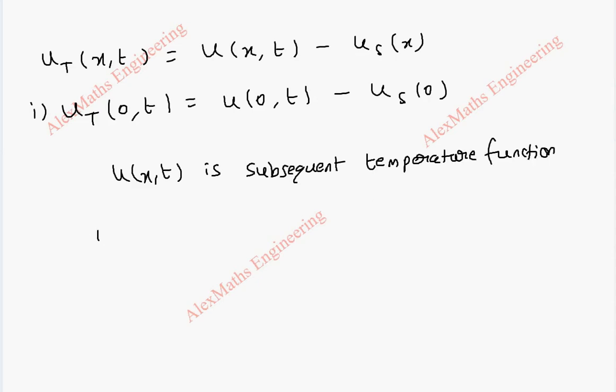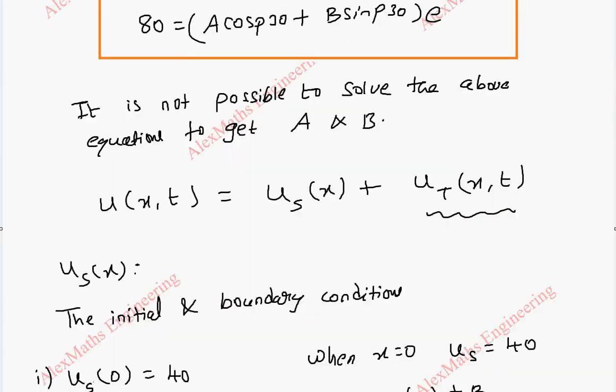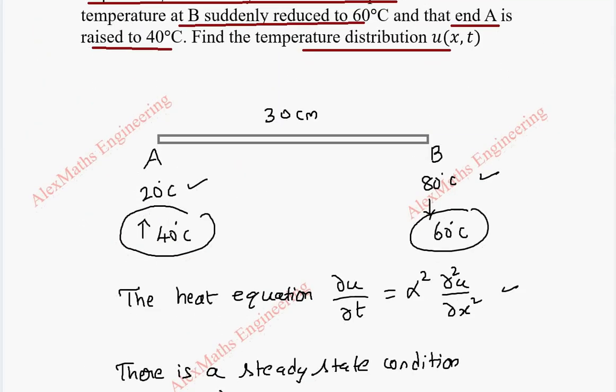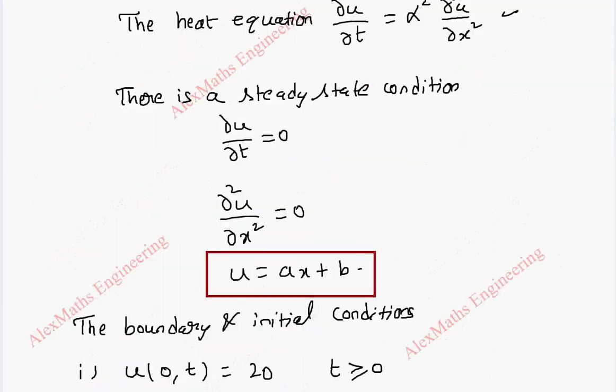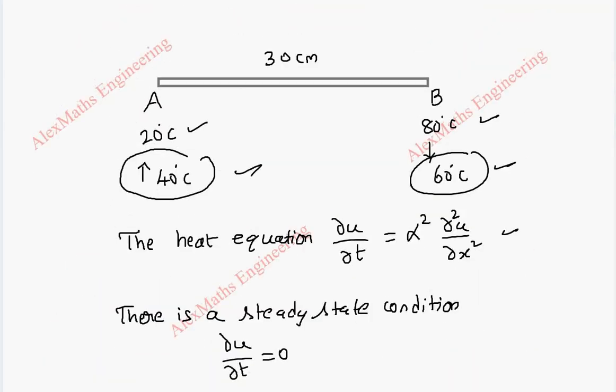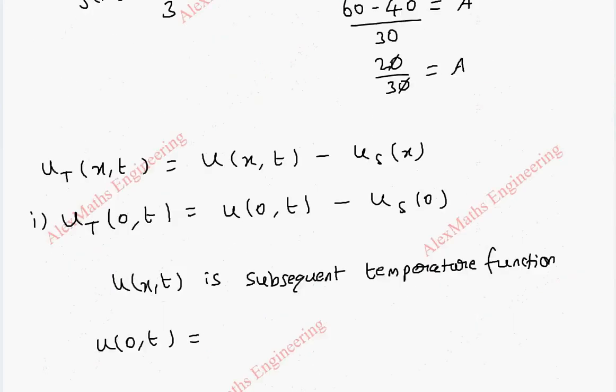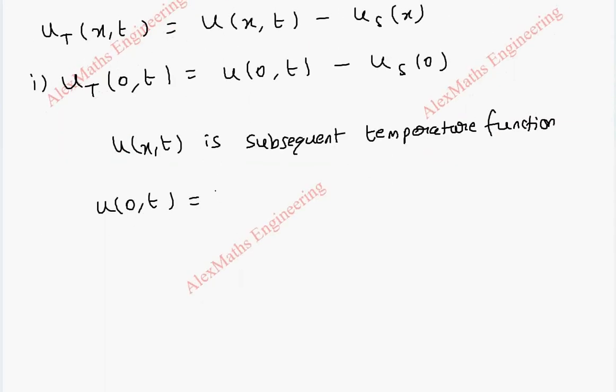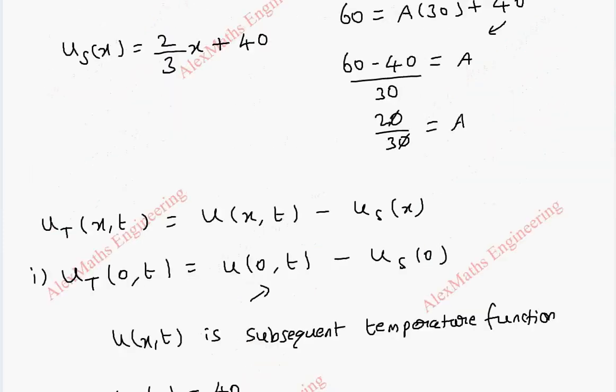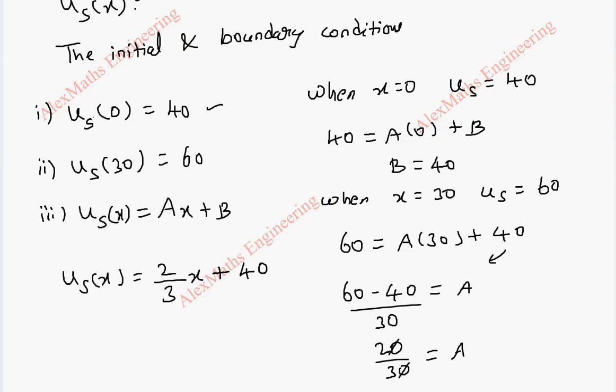So when I have u of 0 comma t, subsequently this temperature is increased to 40 and decreased to 60 at A and B respectively. So this becomes 40. So I am going to use it here. 40 minus u s of 0, which we already found, that is also 40.